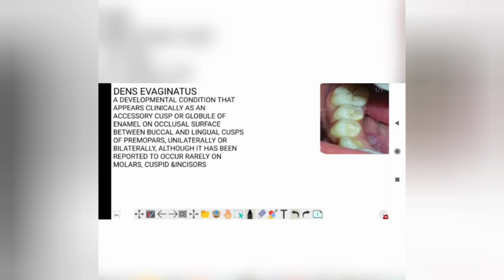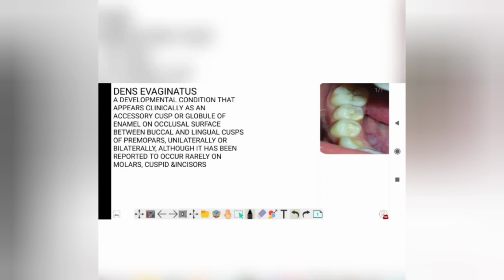Now let's see the opposite of dens invaginatus, that is dens evaginatus. How are they opposite of each other? In dens invaginatus, there is invagination of the crown, and in dens evaginatus, there is an extra growth of enamel. So now let's study what is dens evaginatus.